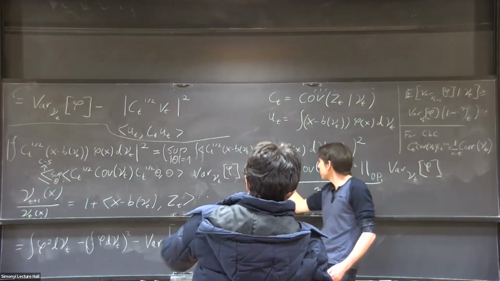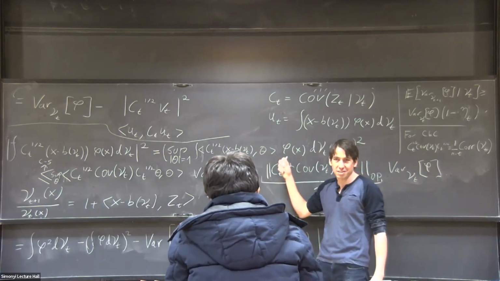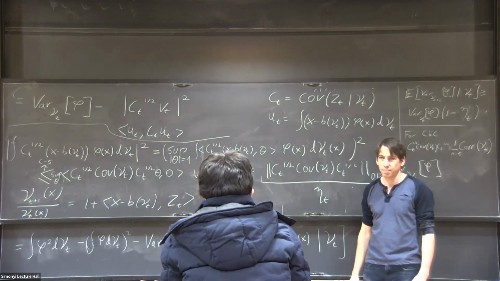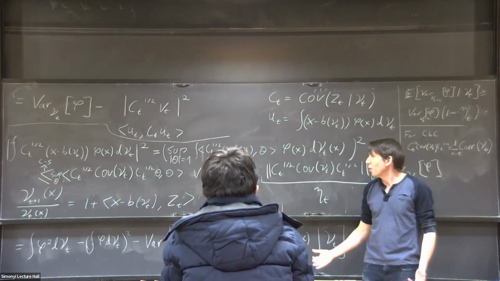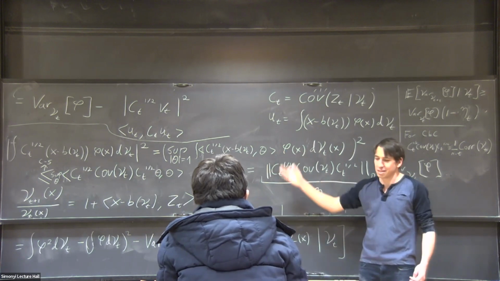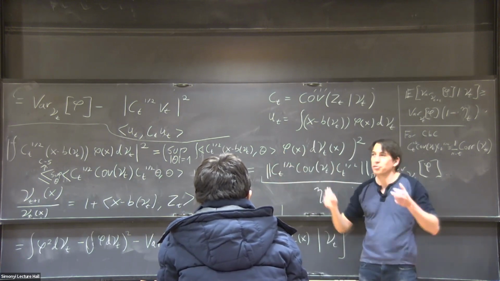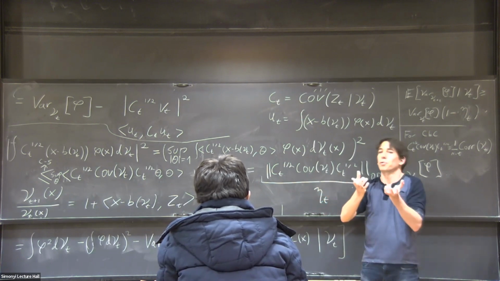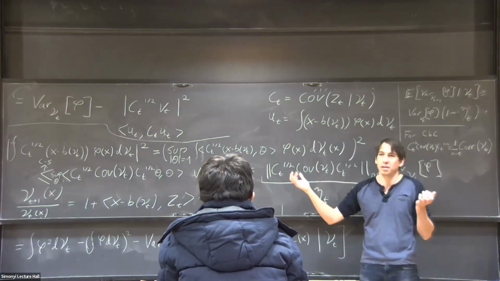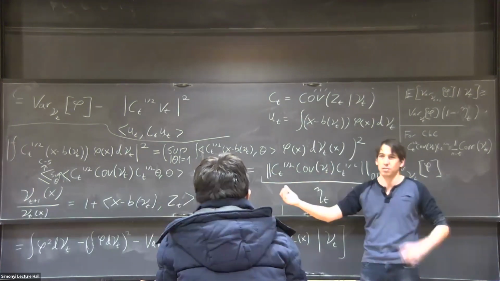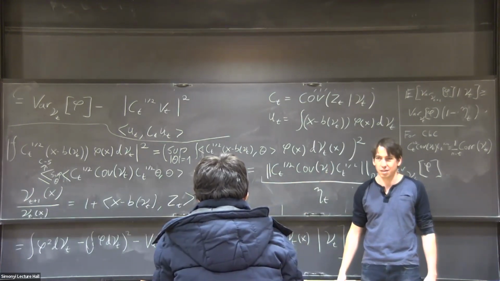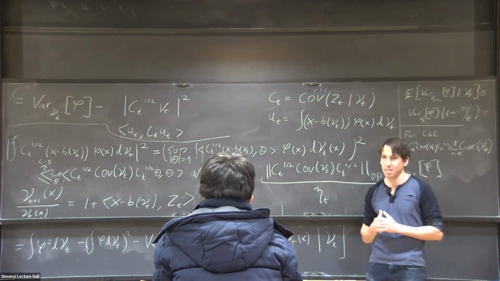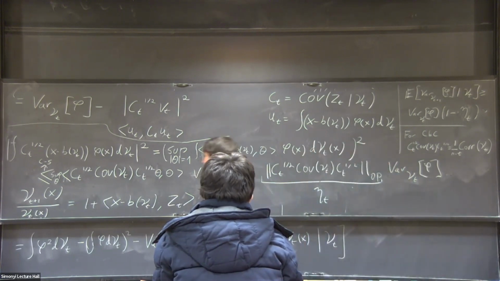So I can actually assume that phi is centered. What I really meant is that Cauchy-Schwarz says the correlation is less than the product of variances, not just the product of second moments, if one of the terms is centered.